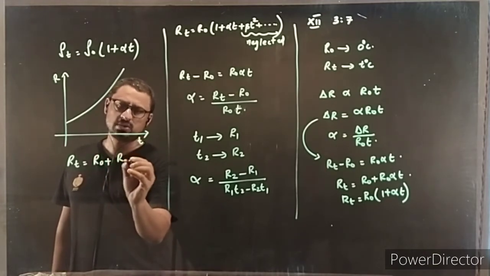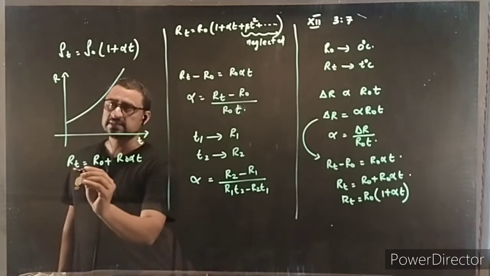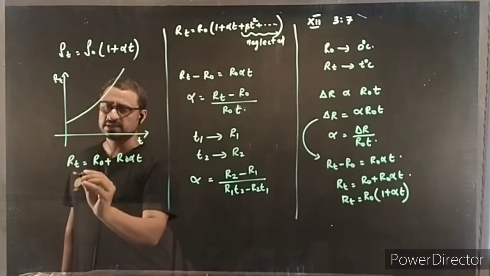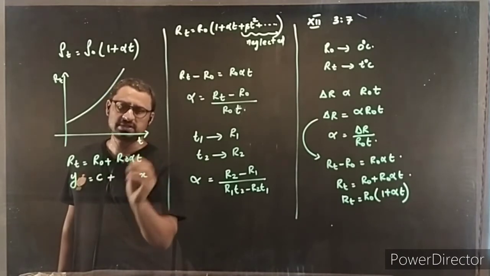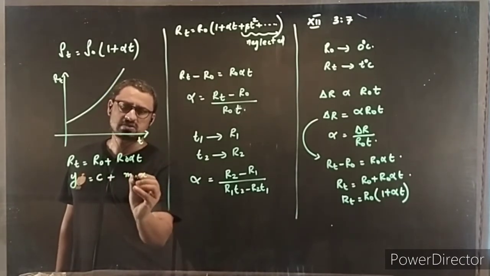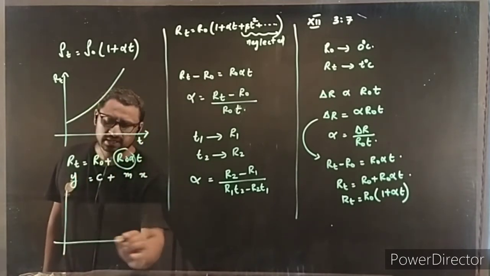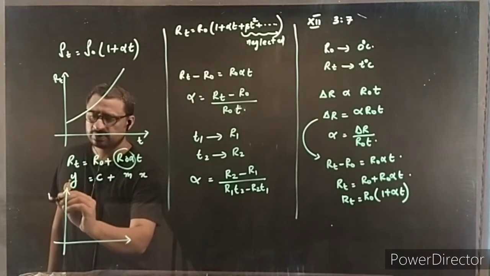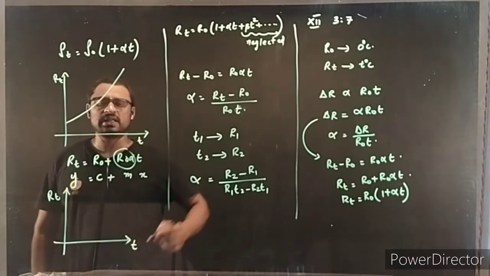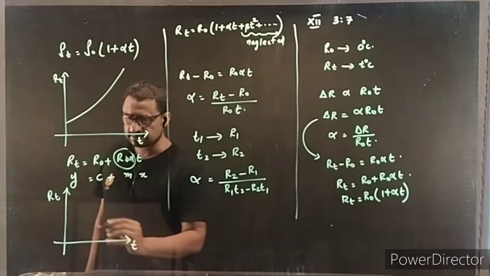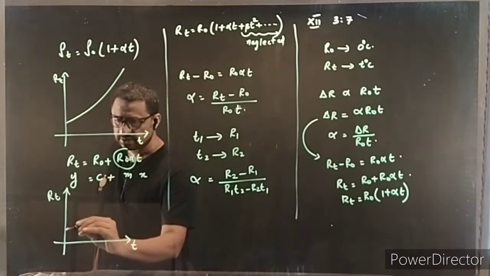RT equals R0 plus R0 alpha T. This is just like y equals mx plus c: this is y, resistance at temperature T, this is c, and this is x, temperature. So under that situation, when you draw the graph between resistance at temperature T and temperature on the x-axis, the graph should be a straight line according to this expression.